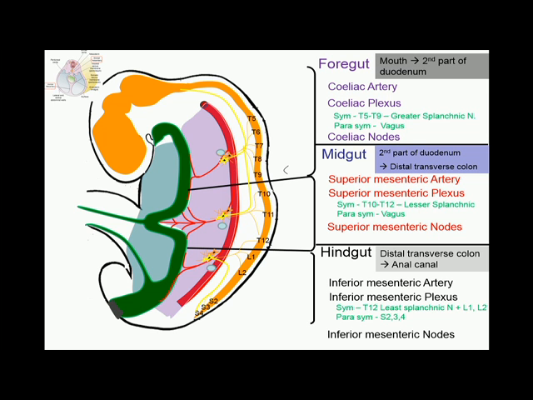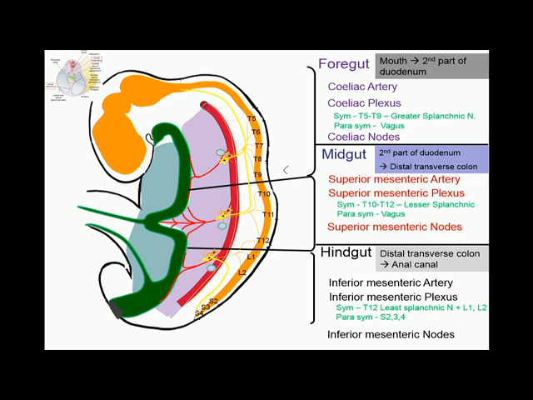For example, the liver, which develops from the foregut, will ultimately drain into the celiac nodes. Clinically, if you get a hepatoma, you can get secondary deposits in the celiac nodes. Or if you see enlarged celiac nodes in a CT scan, then you can think of any foregut structure which can be affected.